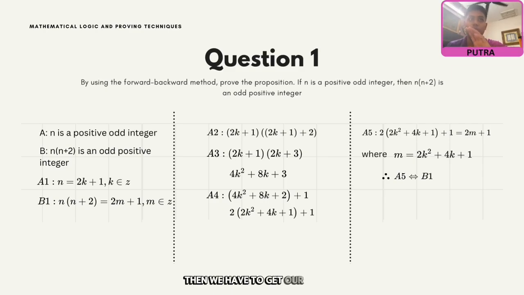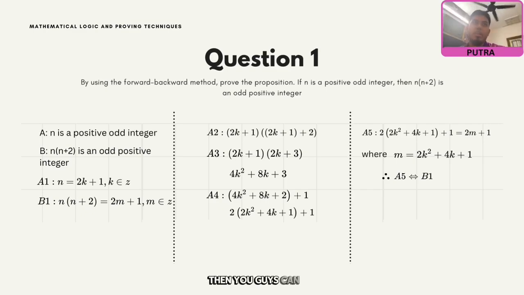Then we have to get our B1 next, which is n(n + 2) is an odd positive integer. So we can write it as n(n + 2) equals 2m + 1 for some integer m. Then after expanding, simplifying, and factorizing, you have to rewrite this final expression as in A4, which is 2(2k squared + 4k + 1) + 1.